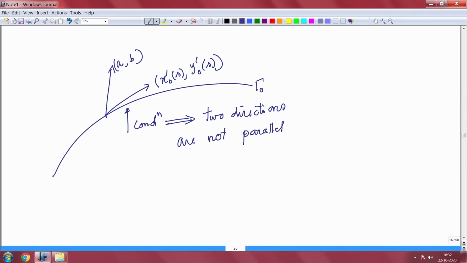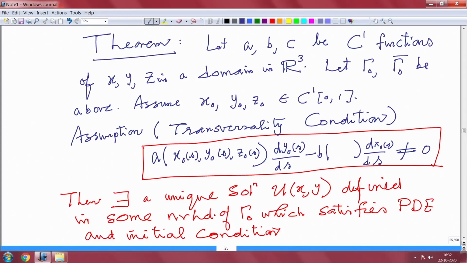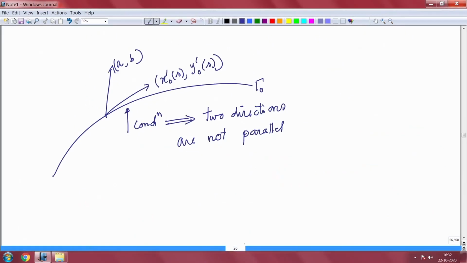In other words, you can state it in terms of orthogonality. If you look back at the condition, dy naught minus dx naught will be the normal, and that should not be orthogonal to that. So, you have that direction here, given by x naught of s, y naught of s, and this AB is part of your characteristic direction.